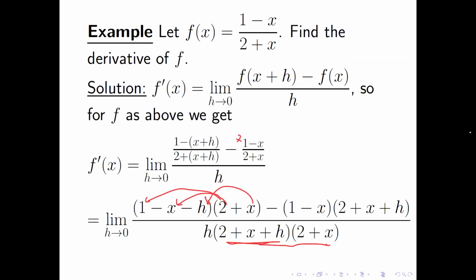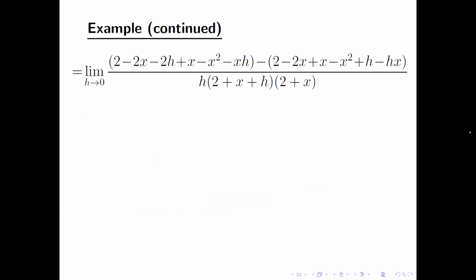And for this part, you are going to multiply throughout. 1 multiply 2, 1 again multiply x, 1 multiply h, minus x multiplied by 2, minus x multiplied by positive x, minus x multiplied by positive h. So you will get this expression.